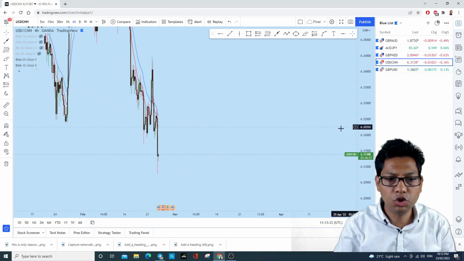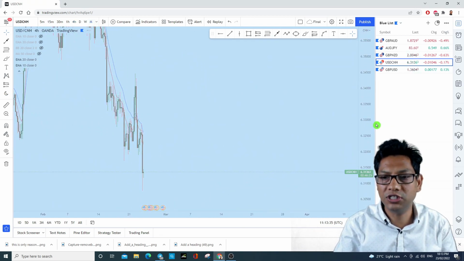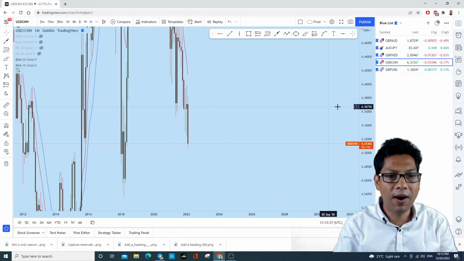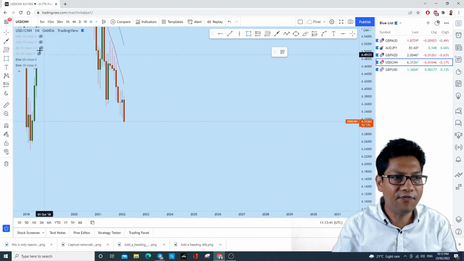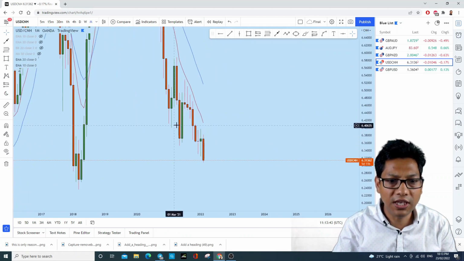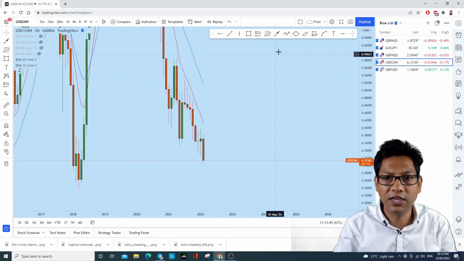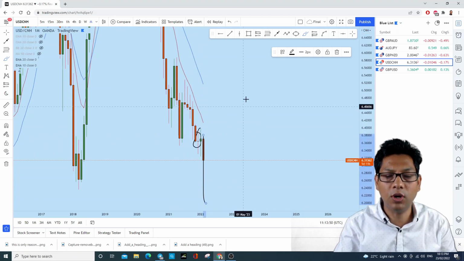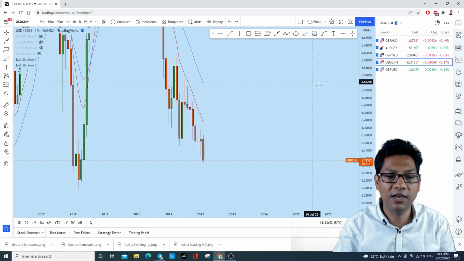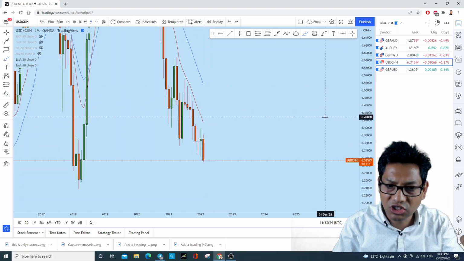Now let me show you the monthly first to see the level of support. On the monthly, we see strong momentum to the downside. You see back to back 2 dojis on the monthly, and next we see a breakout to the downside. So USD CNH is in a strong downtrend.